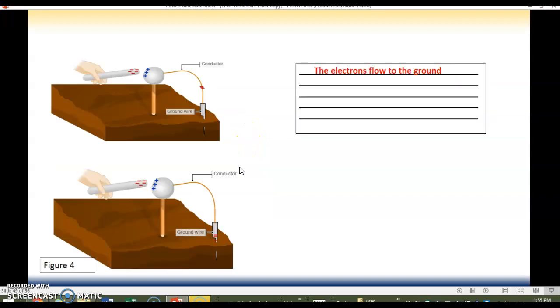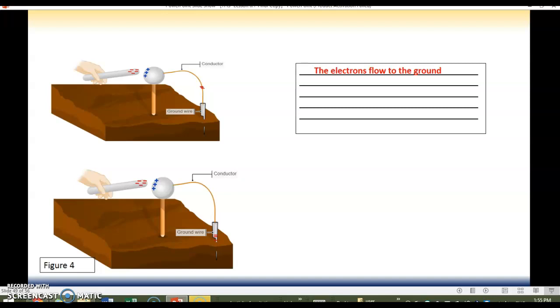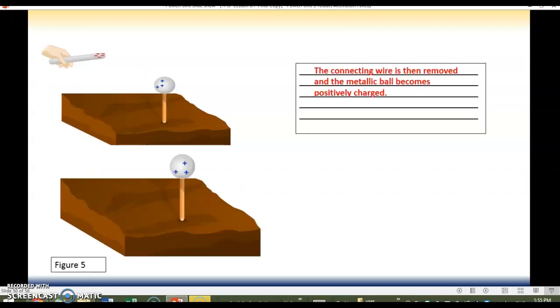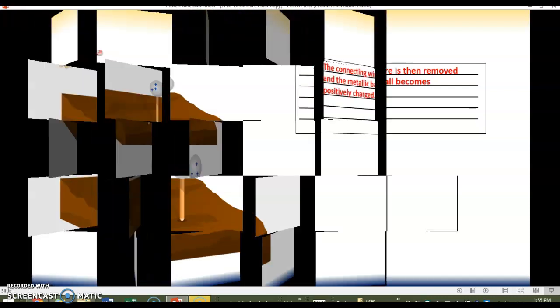By this way, the electrons flow to the ground, and then the connecting wire is removed and the metallic ball becomes positively charged, because as a whole body the ball has lost a certain number of electrons. So now it has more protons than electrons, or more positive charges than negative charges. Then we remove the rod, and thus it remains positively charged.